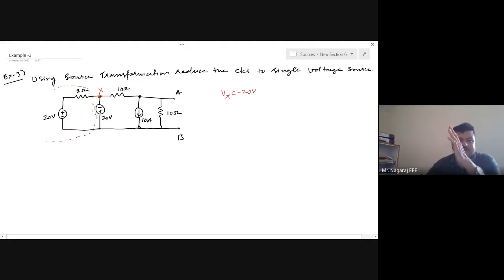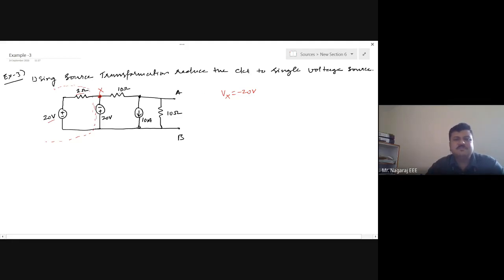The things which are coming in parallel to a voltage source and have no effect on the node voltage can be neglected. Do you think this 20 volt and this 2 ohm are having any effect on this node voltage? Whatever may be the current flowing in this loop through the 20 volt and 2 ohm resistor, it has nothing to do with the node voltage X. It is always minus 20 volts.